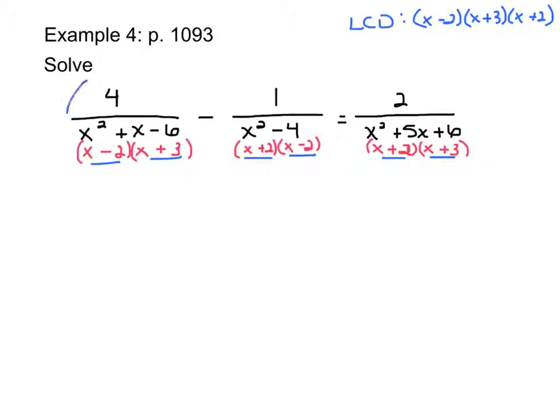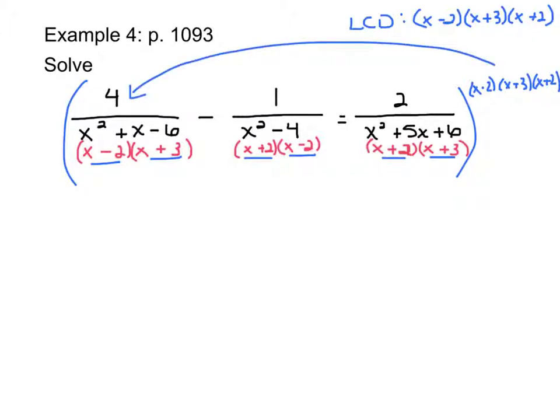Okay, so when I multiply by all 3, so I'm going to multiply it on this side because I have more space. X minus 2 times x plus 3 times x plus 2. Alright, when I multiply it by the first one, the x minus 2 cancels, the x plus 3 cancels, so it's just going to be 4 times x plus 2.